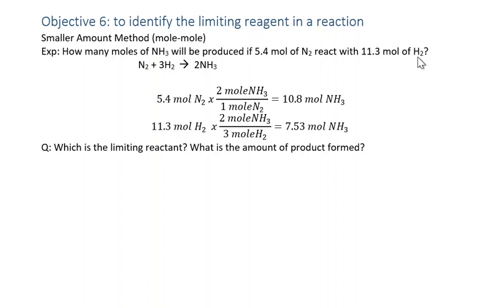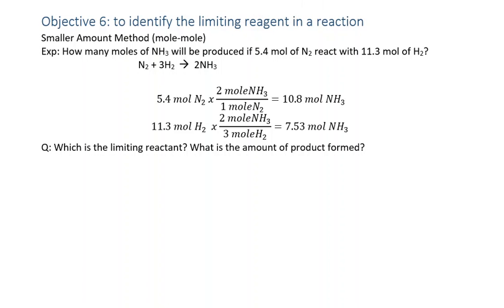Now, always before, we've given you an amount of nitrogen, but not a differing amount of hydrogen. Sometimes we give you moles of hydrogen and we ask how many moles of hydrogen would be required to produce the ammonia. But now what we're doing is we're giving you either excess nitrogen or excess hydrogen in the equation, and you've got to figure out which. And this is how you can go about figuring out which one is in excess.